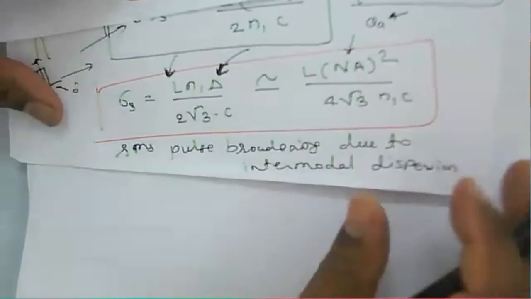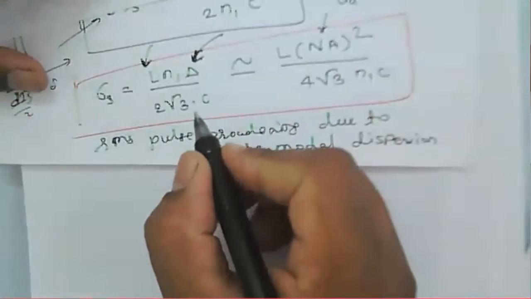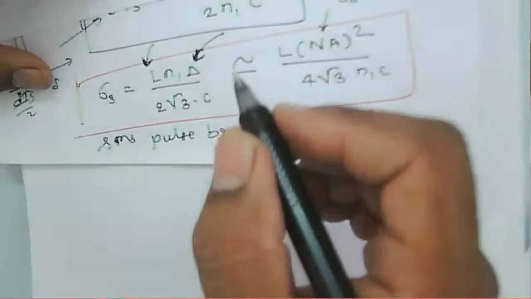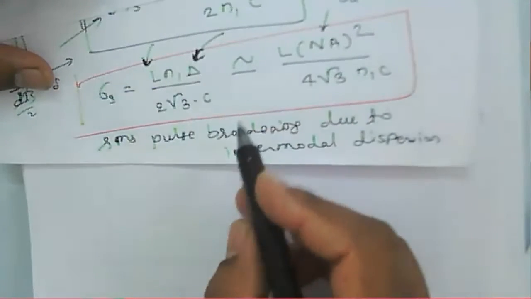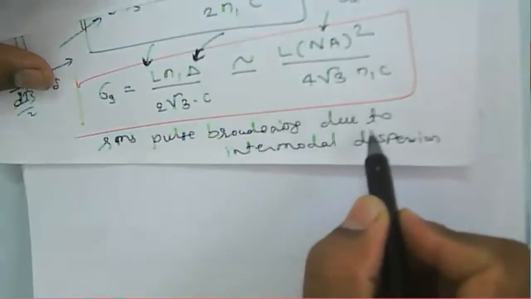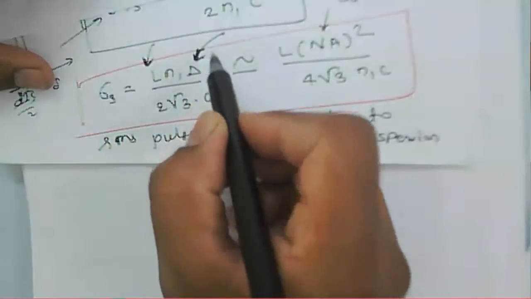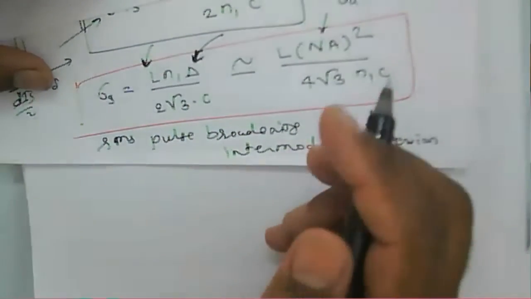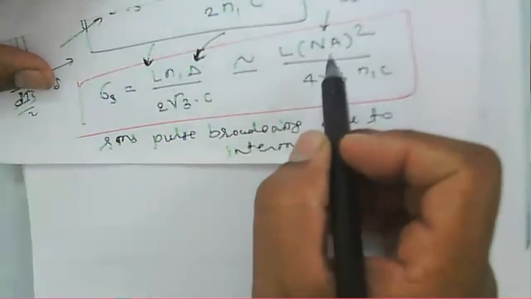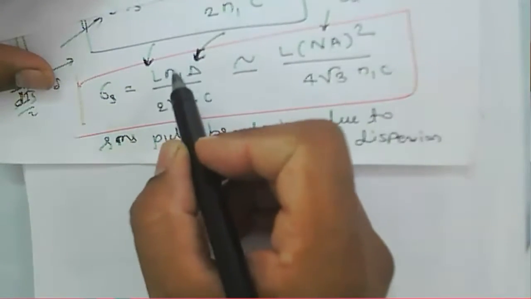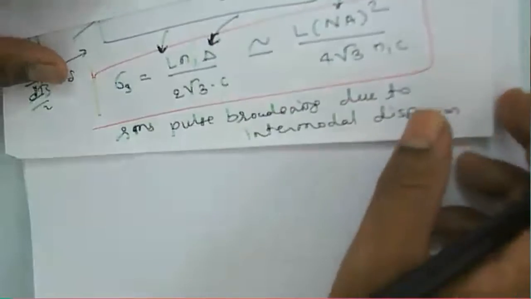So we have the mechanism here. We can say that reduction of the pulse broadening, or reduction of the intermodal dispersion, is by the mechanism of refractive index difference variation, or we can reduce the length of the fiber.